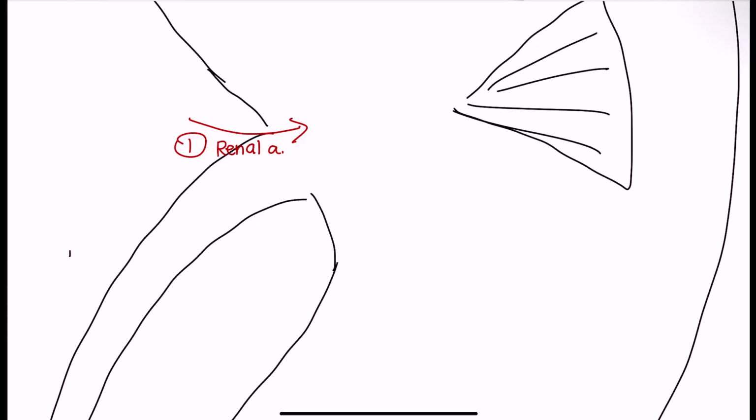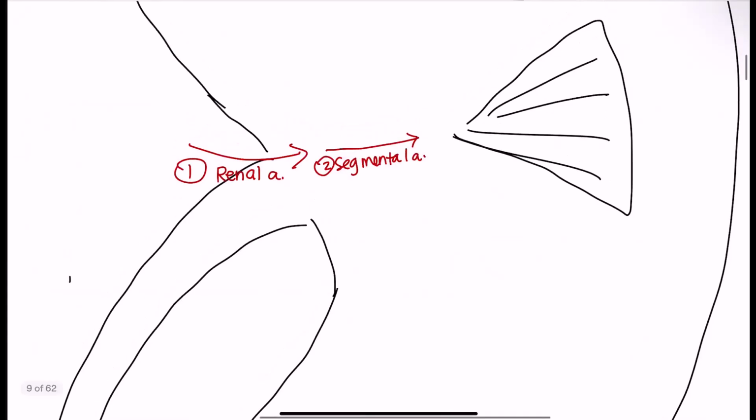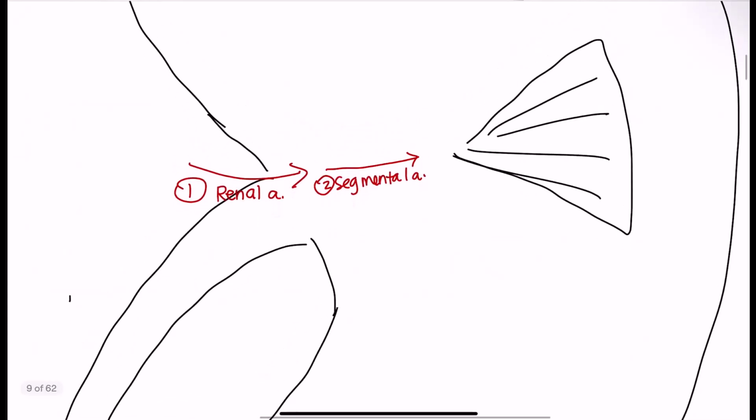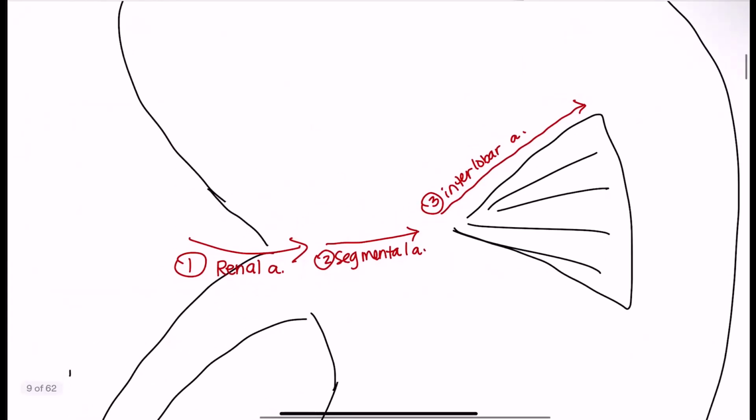And then in order to get to the pyramid, we have the segmental artery. Then we go up the side of the renal pyramid in between, because the pyramids kind of form lobes of the kidney. And so we call that the interlobar artery. It goes in between the lobes, or in between the pyramids of the kidney.